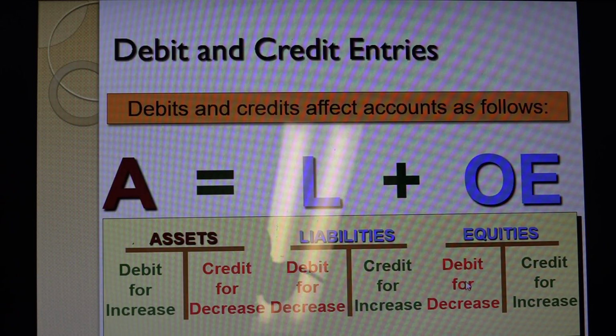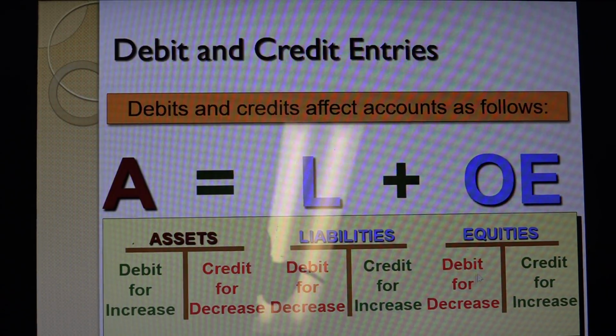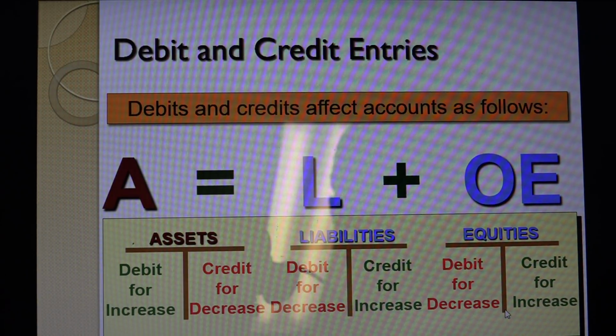To decrease equity, you debit it. But we'll look at the particular accounts because, again, there are four of them, like I said, and to increase some of those you credit, but some of them you debit to increase. So we'll look at that here in a few minutes.